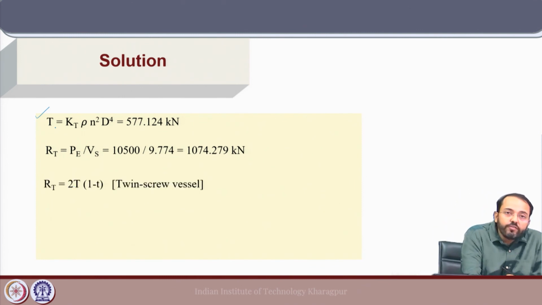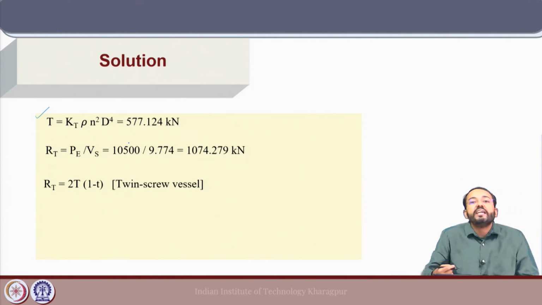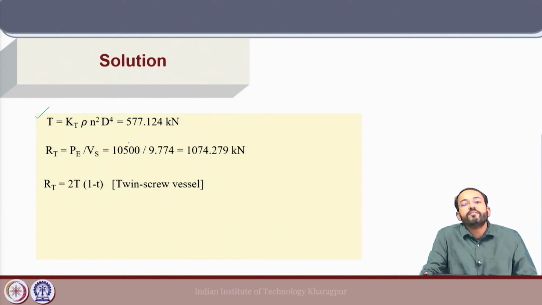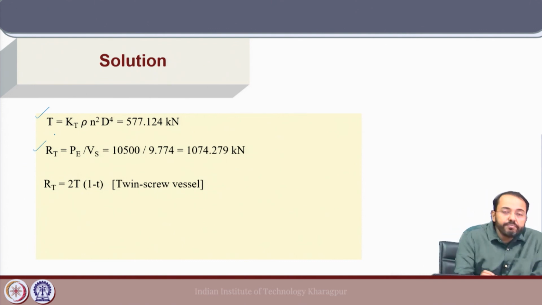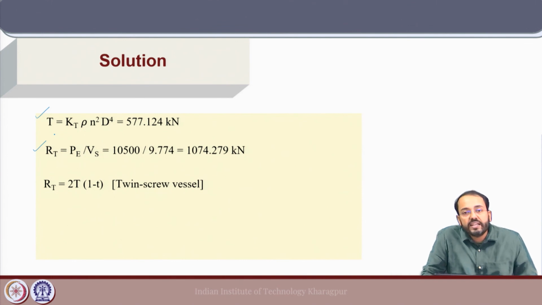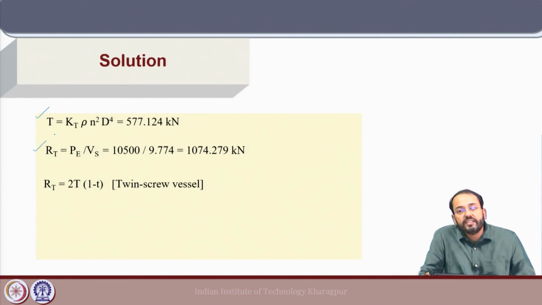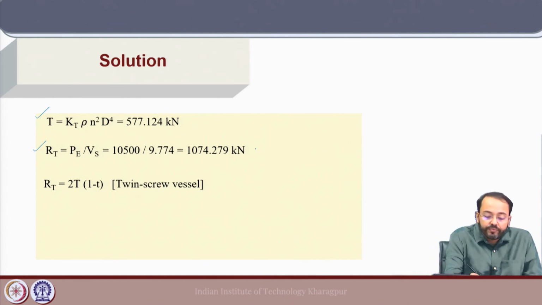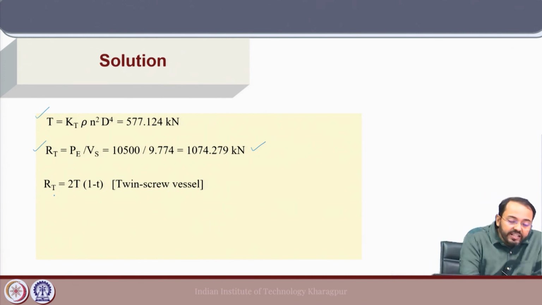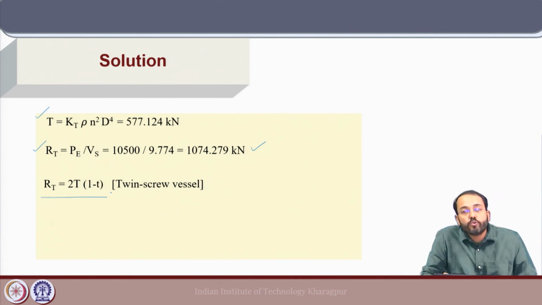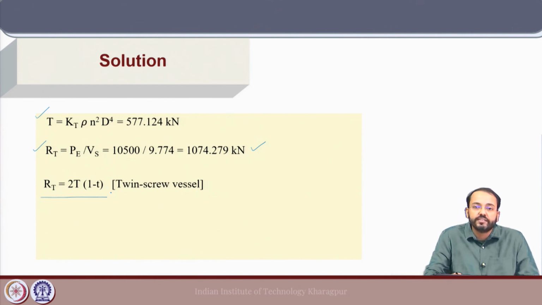So, from the value of thrust, we can use the value of resistance of the ship to calculate the thrust deduction factor, and resistance can be calculated by the effective power divided by the speed of the ship for the particular design speed. Now, comparing the resistance value and the total thrust from the two propellers, we can calculate the value of thrust deduction.